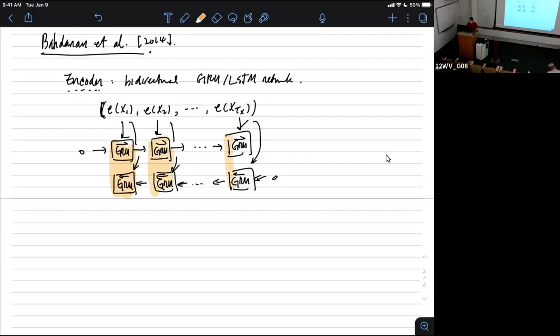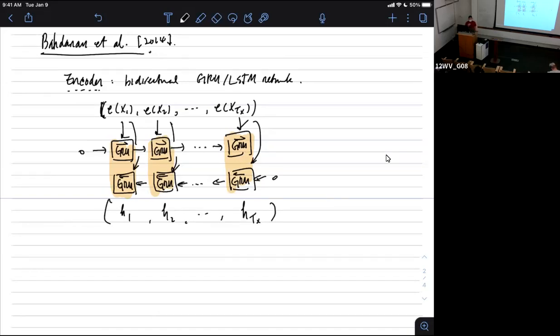Then we do the same thing for each and every word, resulting in H1, H2, up to H_Tx. So we concatenate the hidden states of the two recurrent networks, one forward and the other reverse, and then say, instead of using just the final ones, why don't we use the entire set of these concatenated, context-dependent word vectors as the representation of the source.